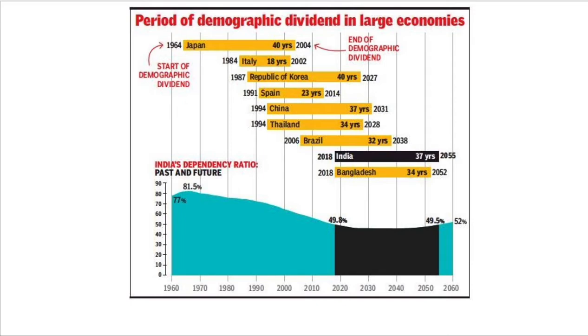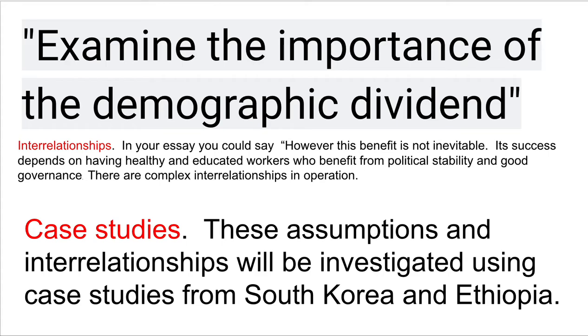The case study that we're going to look at specifically is South Korea, 40 years, 1987 to 2027. So Korea is coming towards the end of its demographic dividend. Those case studies will help you to illustrate what you are saying, illustrate those assumptions, and illustrate those interrelationships.